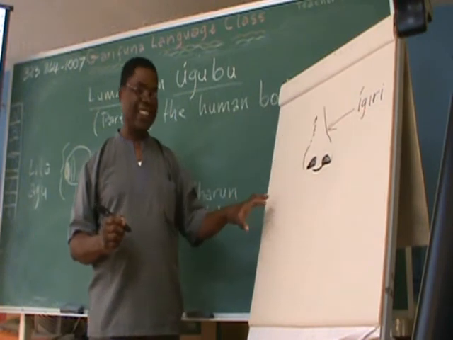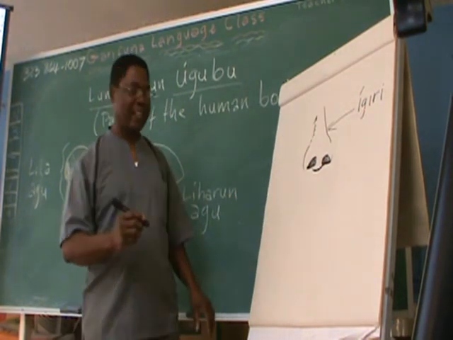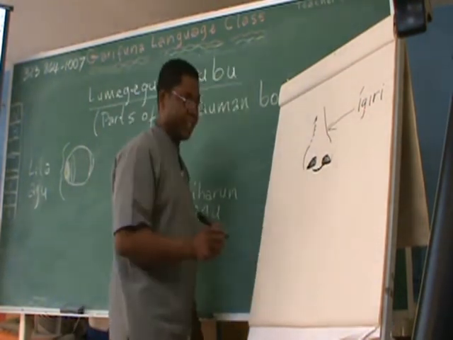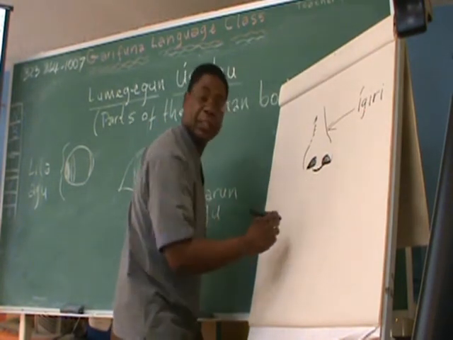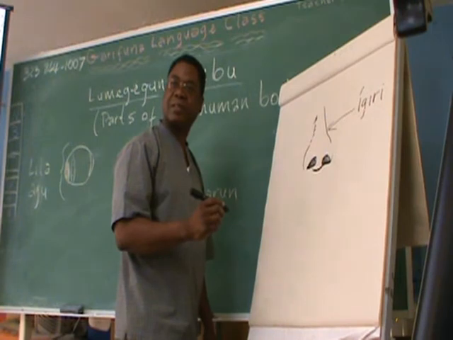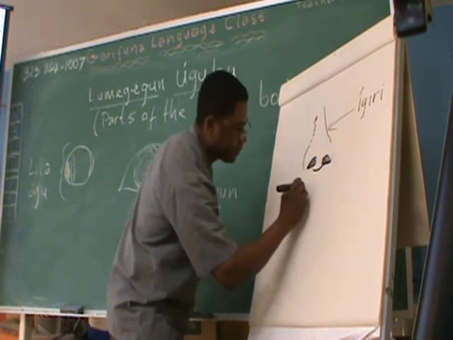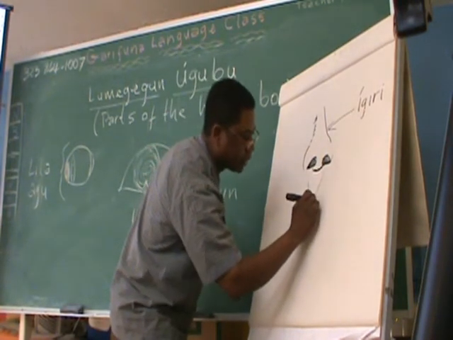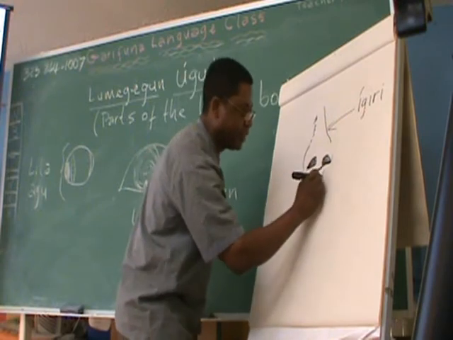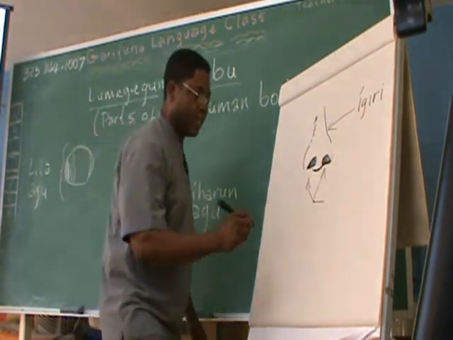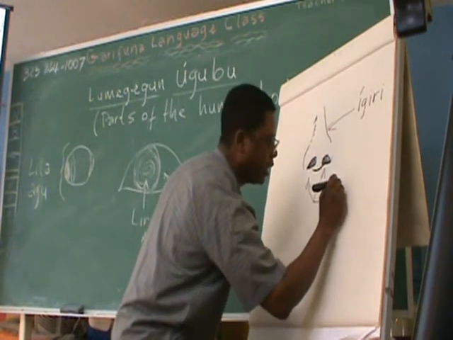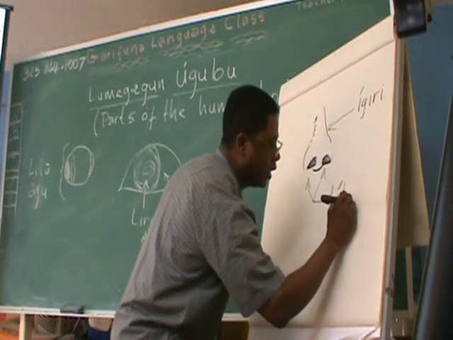Iggy, okay? Now, this orifice, now the orifice of the nose, what's the name in English? Nostrils, right? Okay, but it's still orifice. Aren't they orifice? Yeah, they are holes. They're holes. Okay. Lihure.